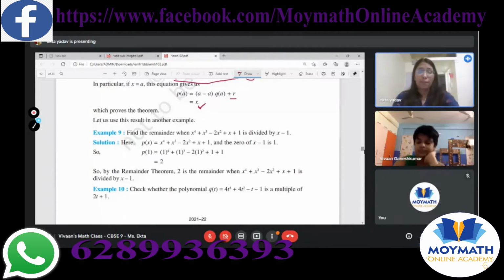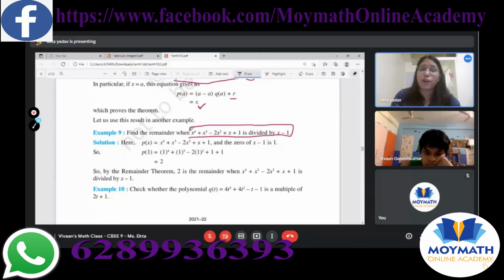Example number 9. Now use the theorem that we just did. What will be the remainder of this polynomial? We have a linear polynomial here, x minus 1, because it's asking to find the remainder only.